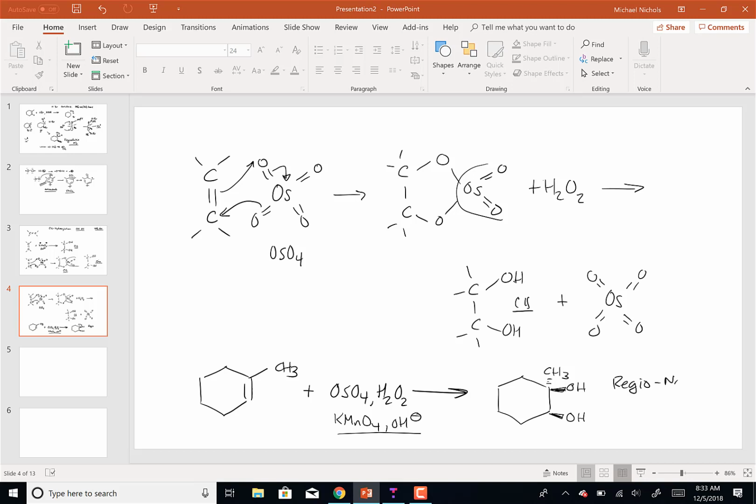So regioselective, no, because it's a symmetrical reagent. Stereo, yes.